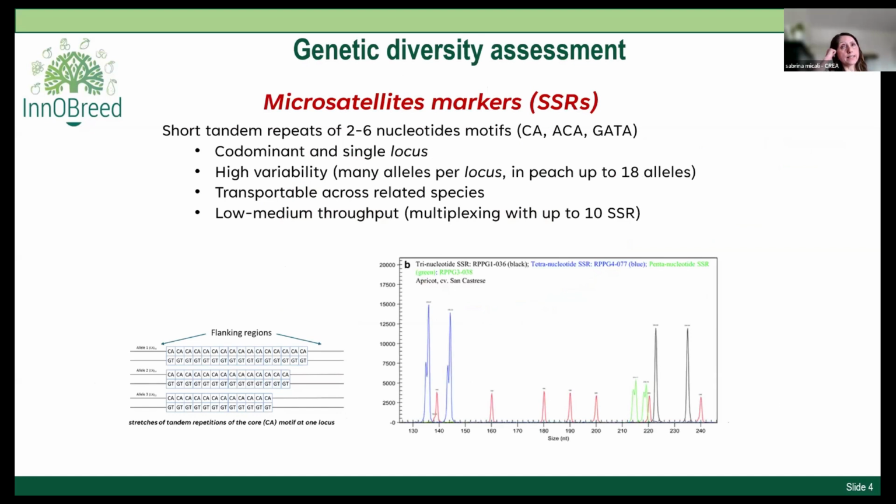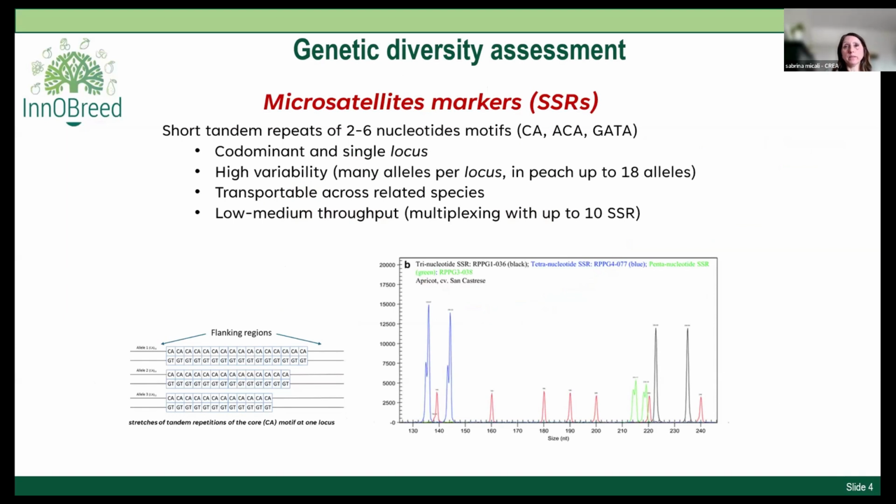Genetic diversity assessment is done through the use of molecular markers, mainly microsatellite markers or simple sequence repeats, SSRs, and SNPs. Microsatellite markers are short tandem repeats, stretches of tandem repetition of a core motif at one locus.